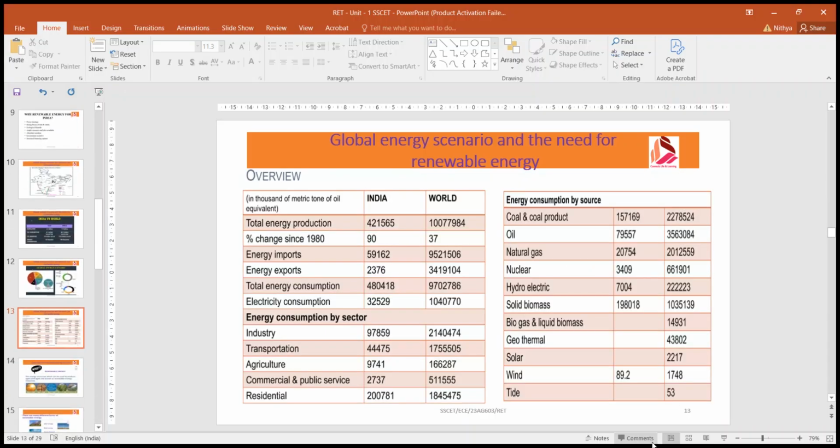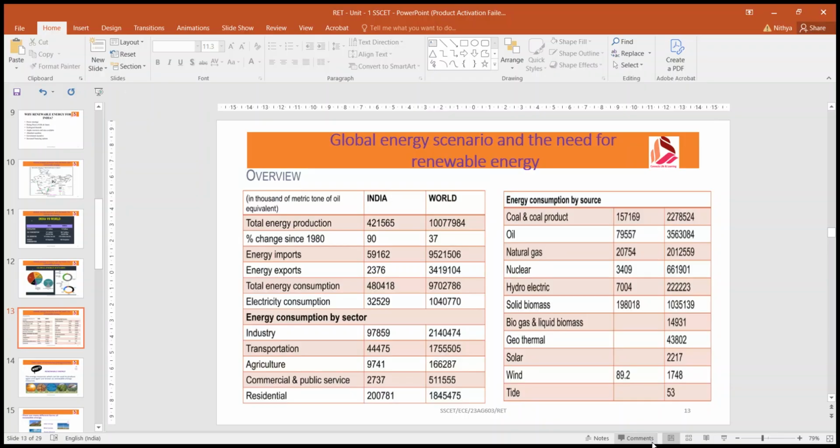These are the numerical data, like total energy capacity globally, and how much energy is produced by renewable sources and non-renewable sources, all put together, compared to other countries abroad. For example, the total energy production in India is 4,21,565 in the Indian standard, but worldwide it should be 1 crore 77,984.